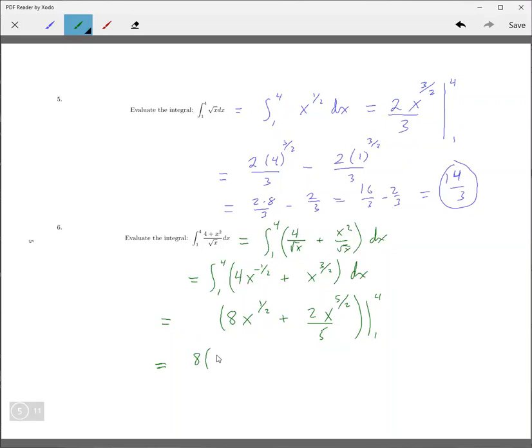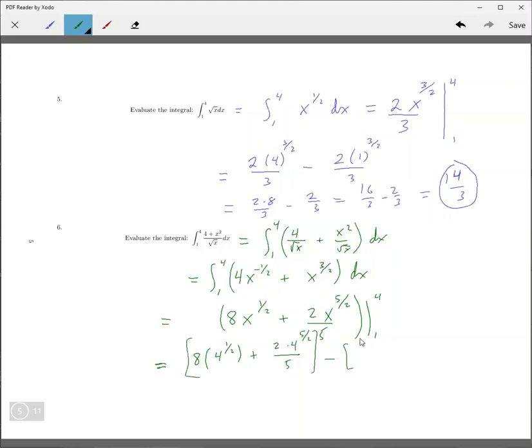Okay, so put the 4 in, so that's 4 to the 1/2 plus, and put the 4 in here also, 4 to the 5/2. That's putting the 4 in.